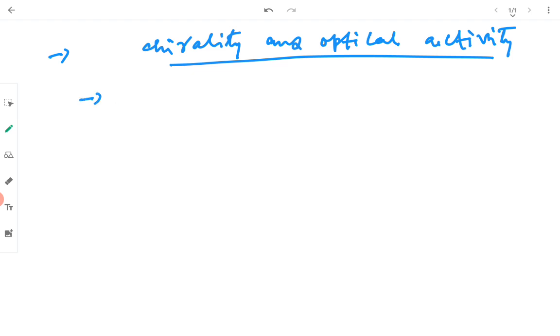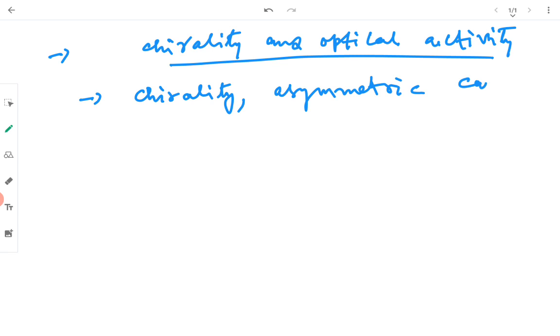and in this topic, we will define some terms like chirality, asymmetric carbons. These are the terms which we are going to explain.